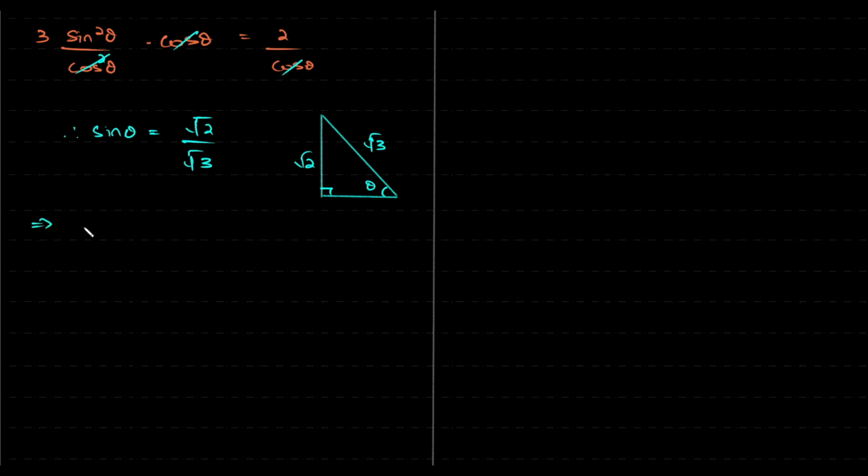So this implies height is root 2. Slant height is some constant k, and therefore your r would be k, where k is constant. And how did I get r to be k? 1, basically 1. Pythagoras theorem.